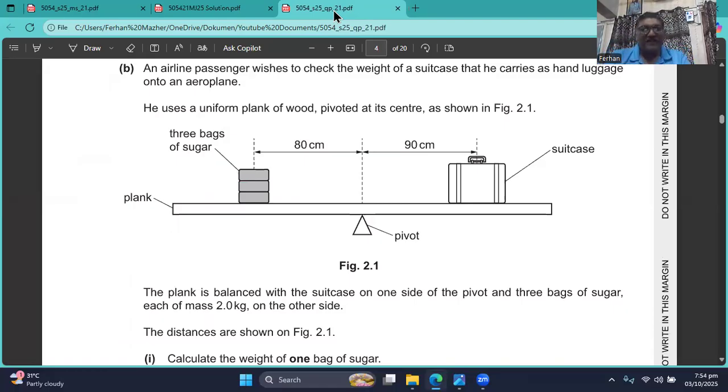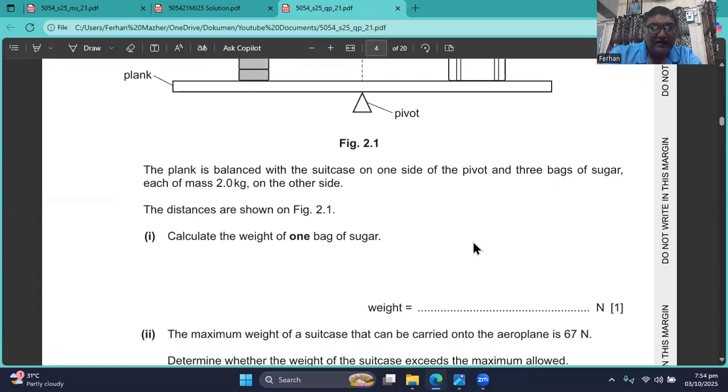The plank is balanced with the suitcase on one side of the pivot and 3 bags of sugar, each of mass 2 kg, on the other side. The distances are shown on the figure. So 2 kg, 2 kg, 2 kg, total 6 kg. We can find its weight. The distance from the pivot is 80 centimeters. Here is his suitcase. Its distance from the pivot is 90 centimeters.